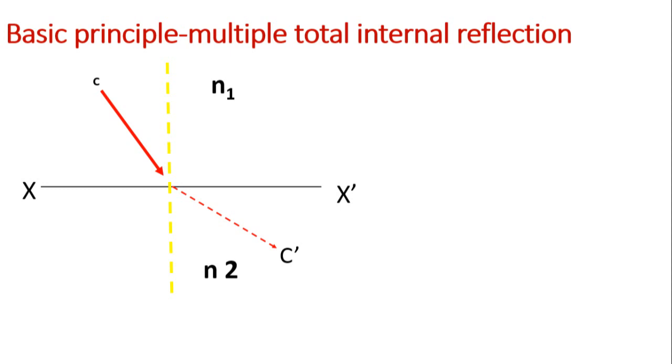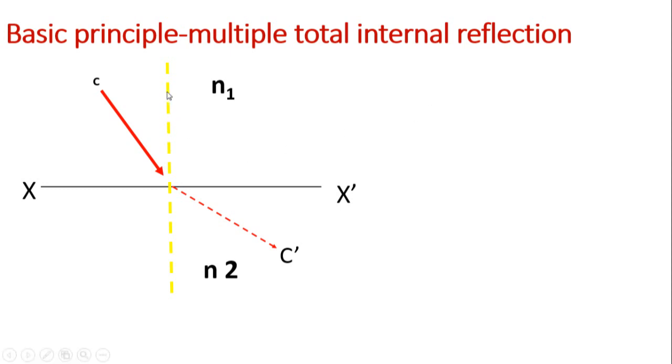Whenever the light comes from a denser medium to a rarer medium, where the region with more refractive index acts as the denser medium and the low refractive index region acts as the rarer medium, if the light enters from the denser medium to the rarer medium, it bends away from the normal.